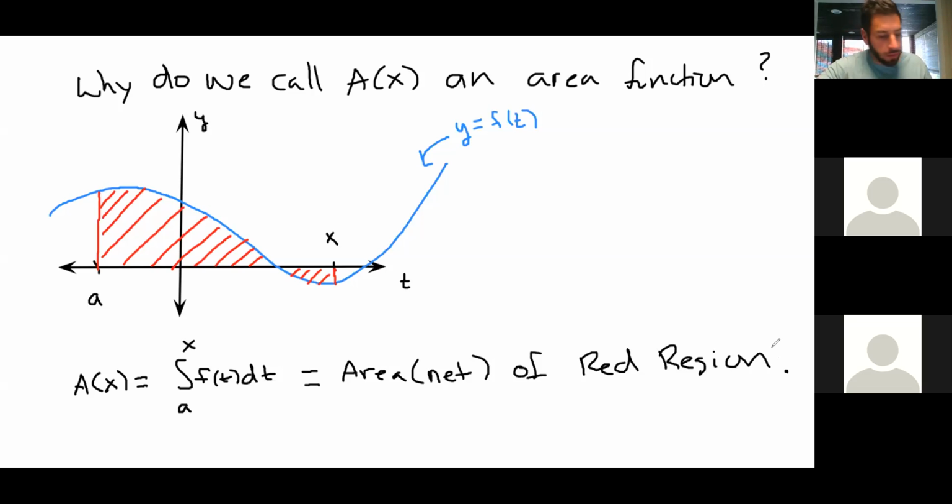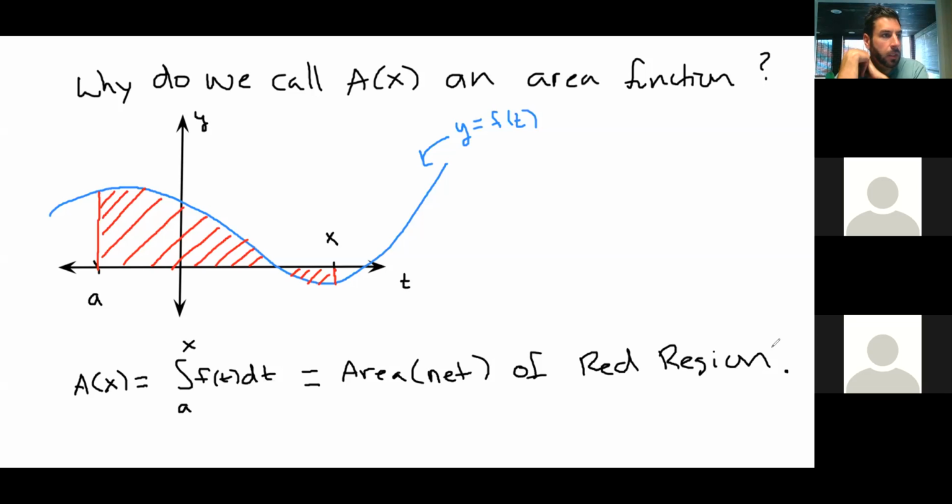Now, if you're confused by this term net area, you need to go back to last week and look at the lecture when we talked about that. Does anybody have a question about this?